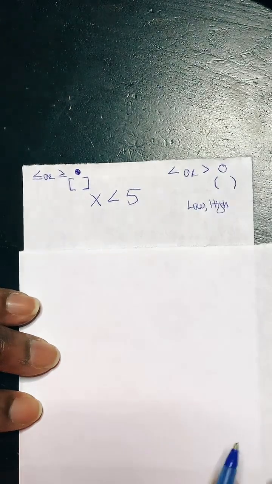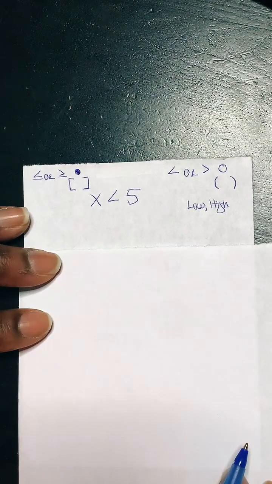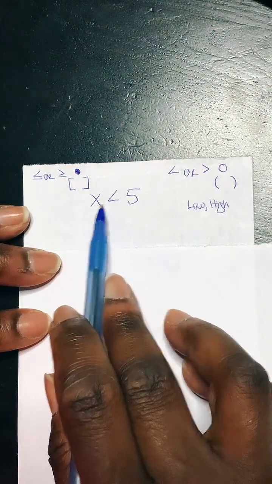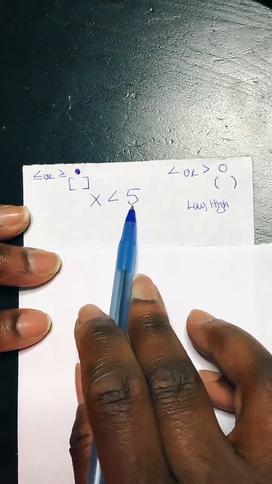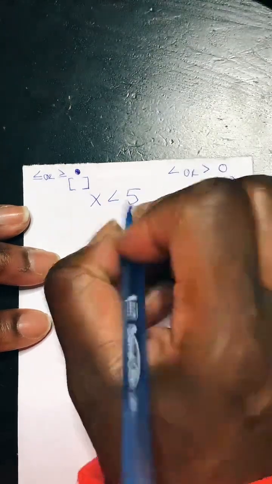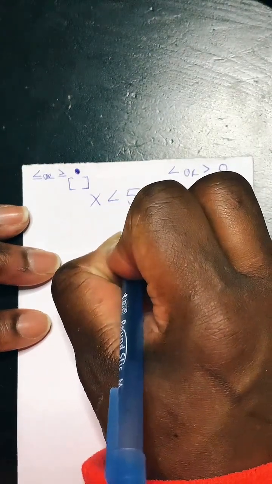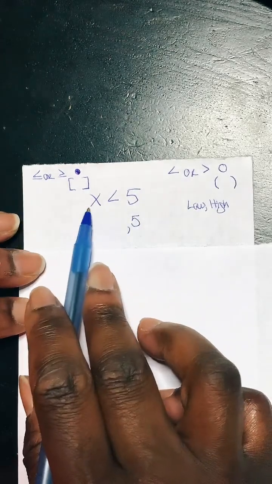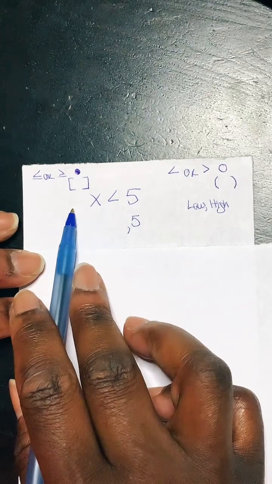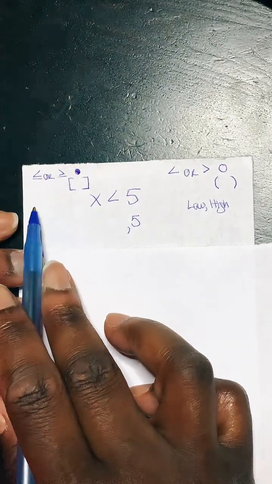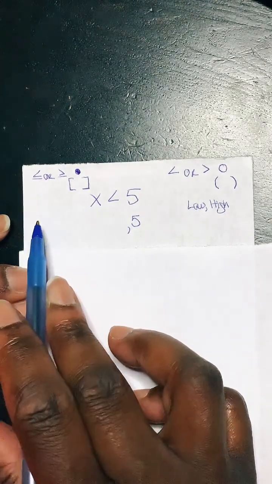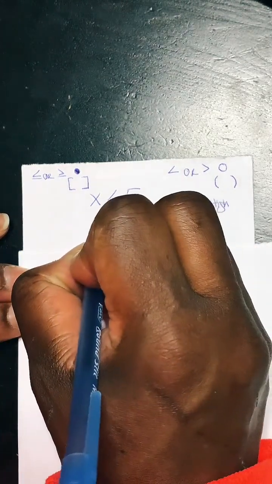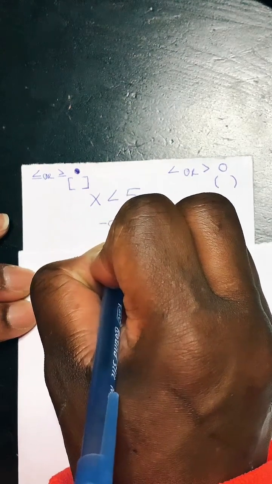So if I think about it, x is less than 5. 5 is my highest number. But my lowest number, it doesn't give me a stop. I can be at -1, I can be -15, -25, -2,468, whatever it is. But I can keep going all the way to negative infinity.